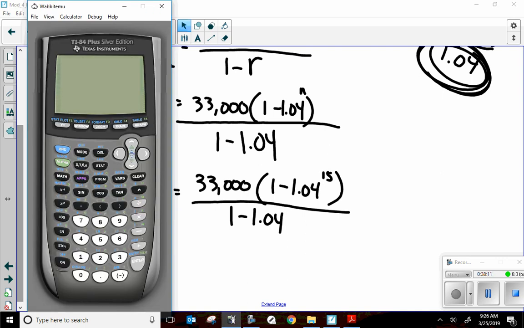Anytime there's a fraction, I like to hit alpha y equals enter and get my fraction. I'm going to start this exactly as it is. 33,000 times 1 minus 1.04 raised to the 15, and there is my numerator, all over 1 minus 1.04.